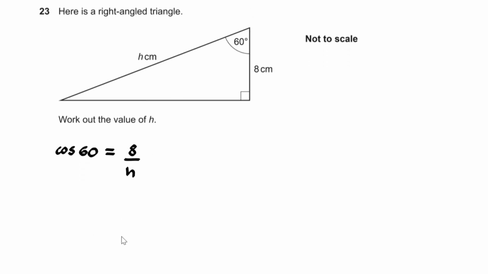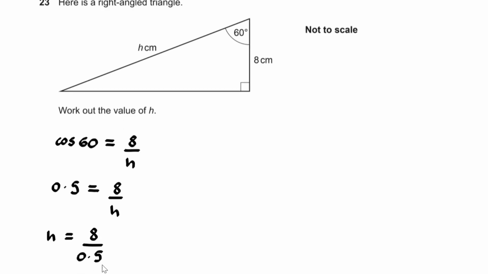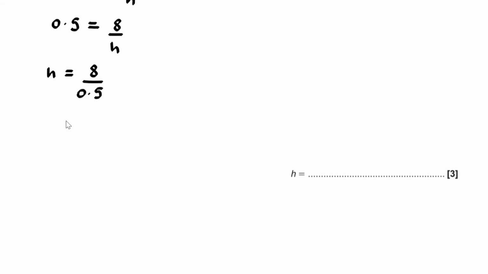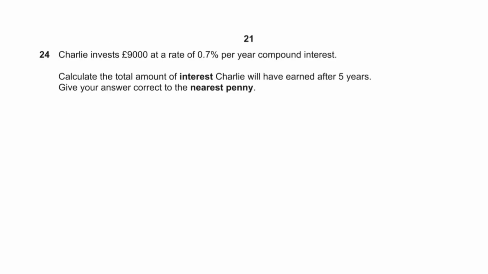Now cos 60, that's just 1/2. So we've got 1/2 equals 8 divided by h. So h is equal to 8 divided by 0.5. How many halves go into 8? Well, that's 16. H is 16.